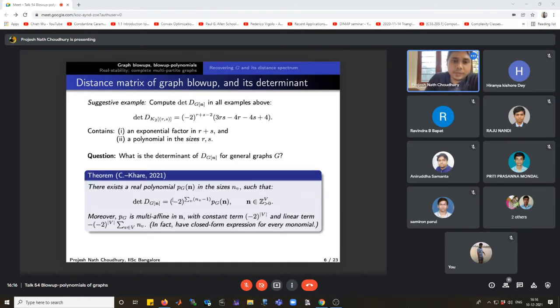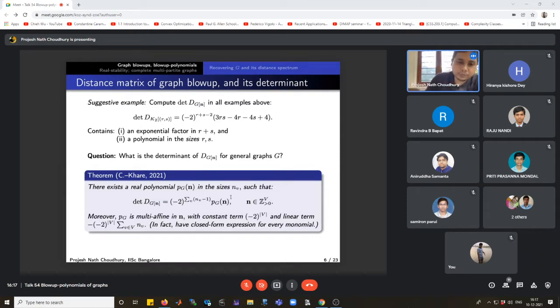There exists a real polynomial P_G in the sizes, so the arguments of the polynomial are the sizes, and the following happens. The determinant of the distance matrix of the graph blowup is equal to minus 2 raised to the summation of sizes minus 1, times some remaining factor, and this remaining factor is a polynomial in the sizes.